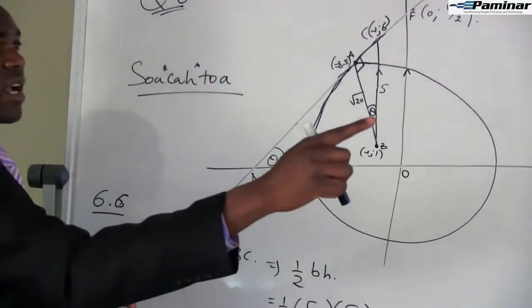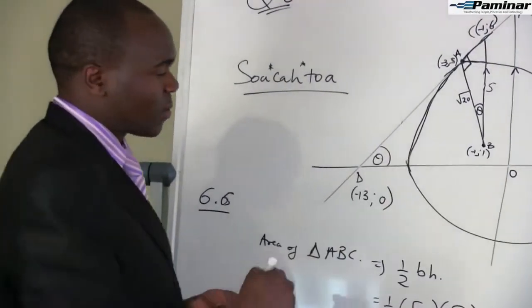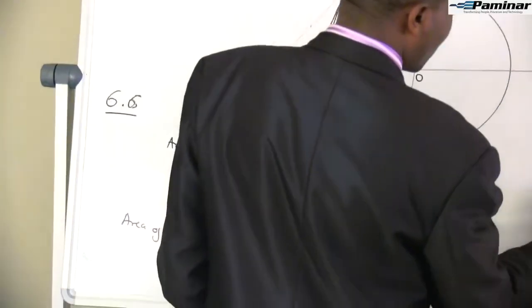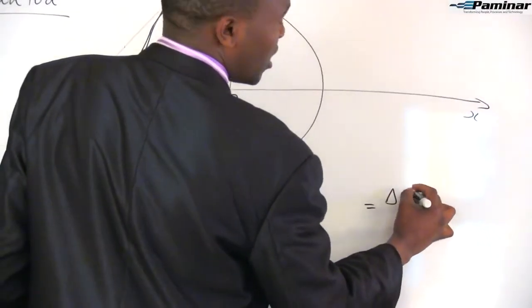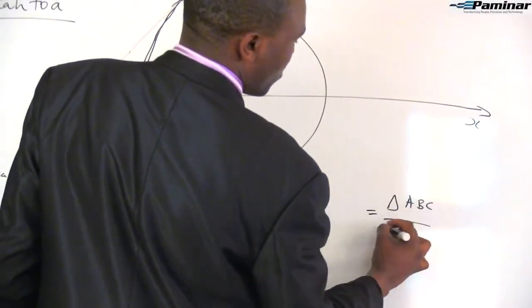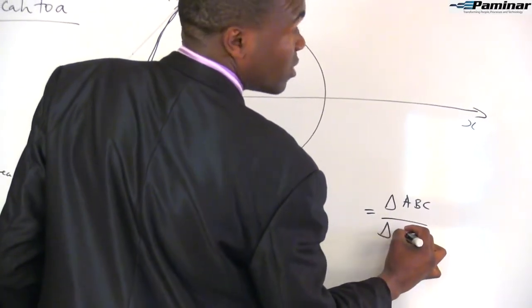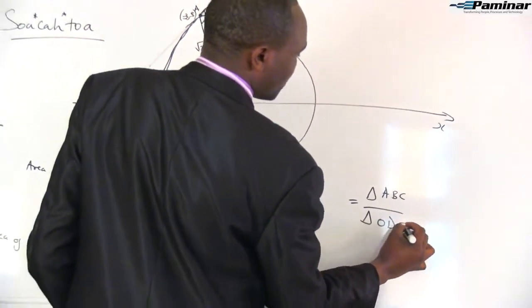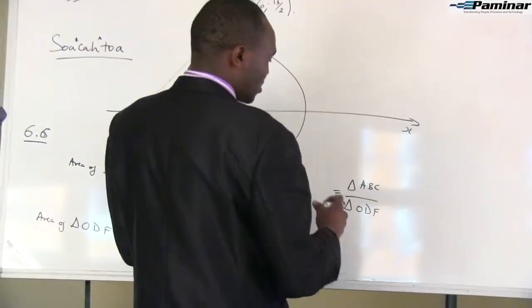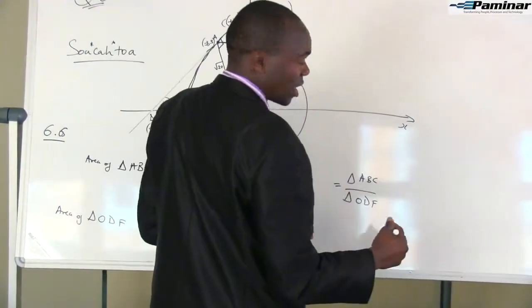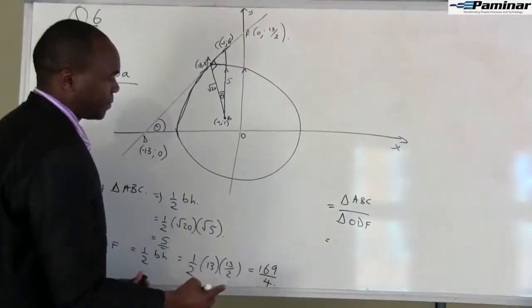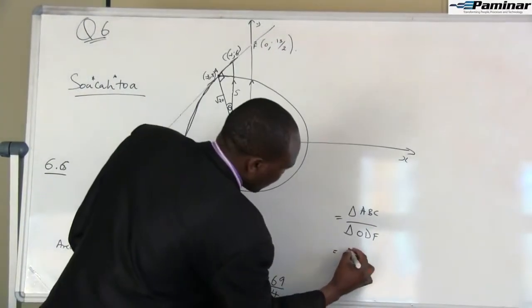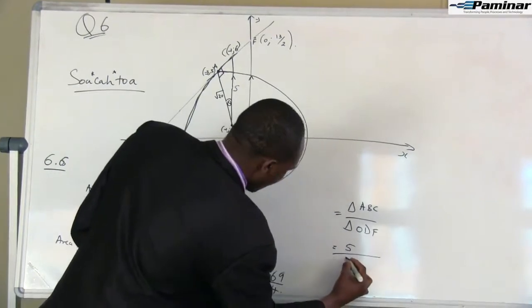So now it says calculate the ratio of the triangles. Now this one is simple. You can just say area of triangle ABC over area of triangle ODF, or you can do it the other way, like to say this is to this. So now we are going to have triangle ABC. What is the area of it? 5, divided by this one.